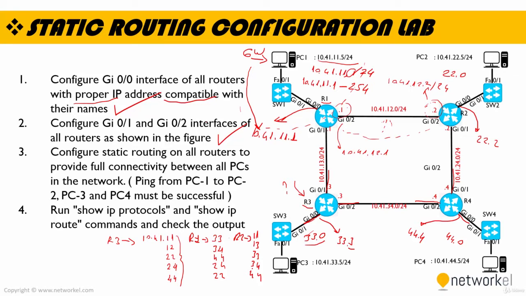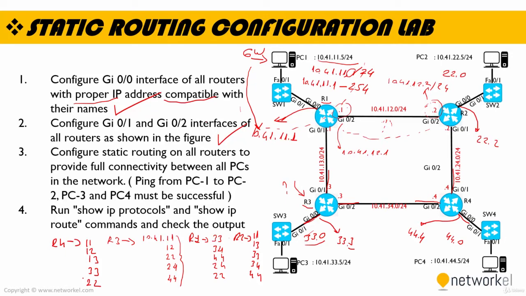And it's time to take a look at our last router, which is router 4. For router 4, I need to use static IP routing statements for where? This, and this. Okay, there's no problem.